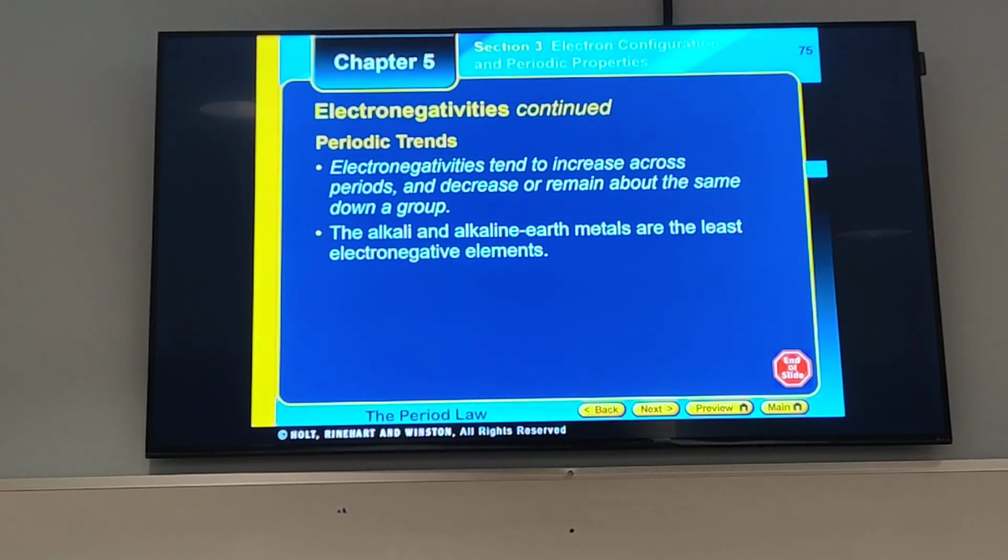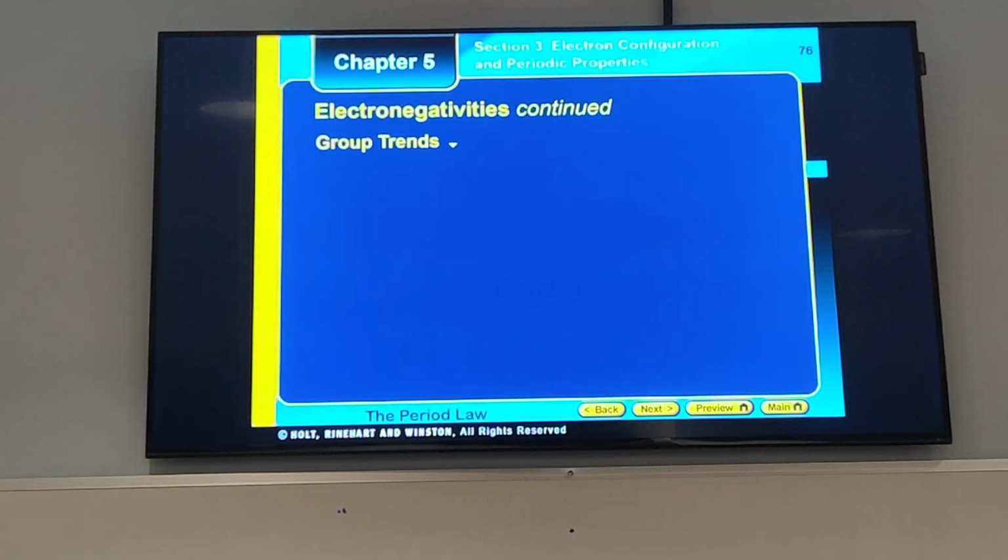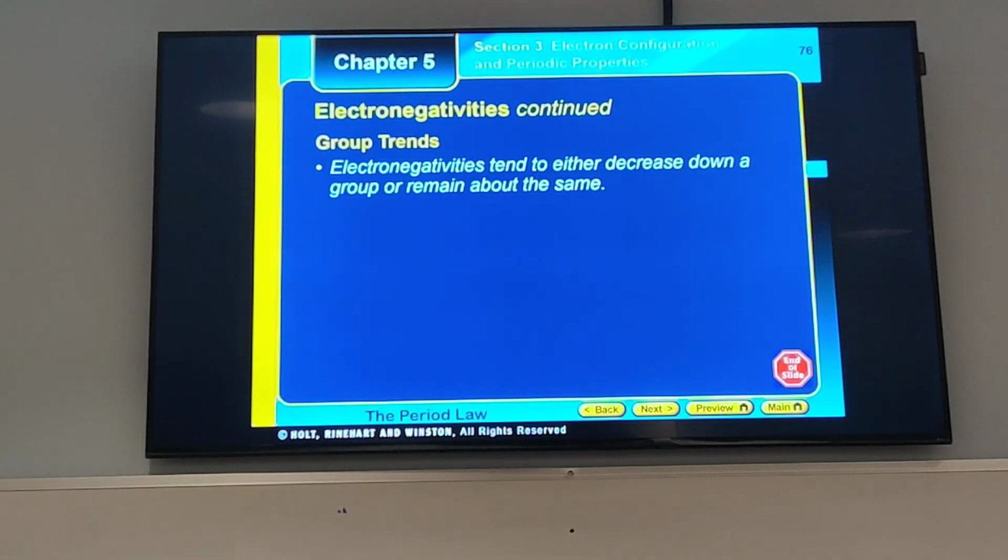It decreases. So you see the pattern. The alkali metals and the alkaline earth metals are going to have the lowest numbers as a group. And those on the other side, like the halogens, are going to be the highest as a group.